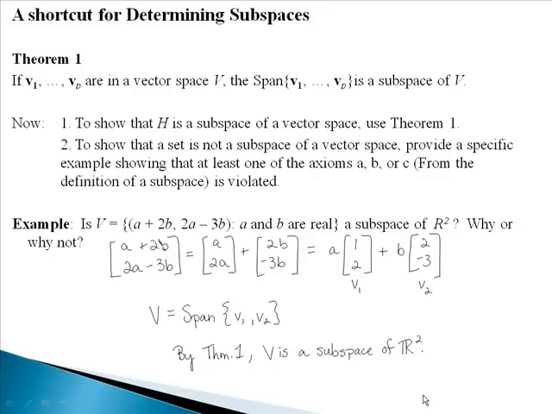And so then by theorem 1 from above, we know that V is a subspace of R2. So if we can take a set and show that I can write it as a linear combination of two vectors, then I can apply that theorem 1, and say that that is a subspace.